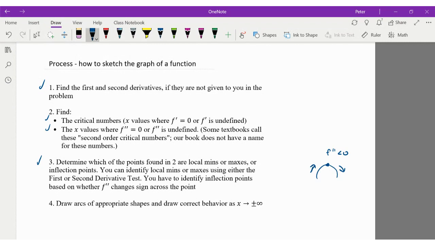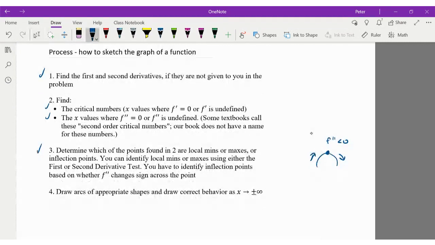If you get an inconclusive second derivative test, you have to go back to the first derivative test. And then, of course, for inflection points, the only thing you can really do is check whether the sign of the second derivative changes across the point.